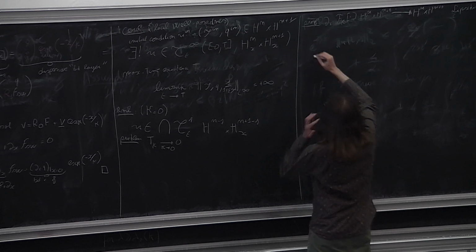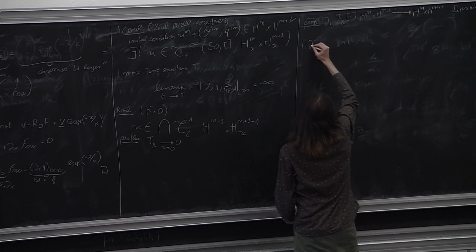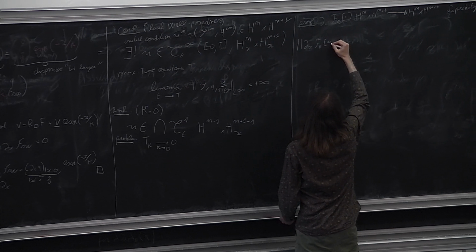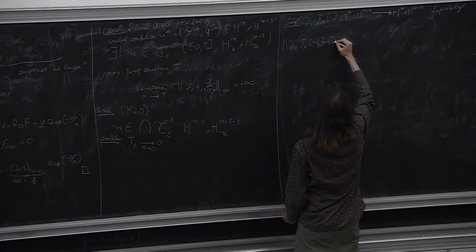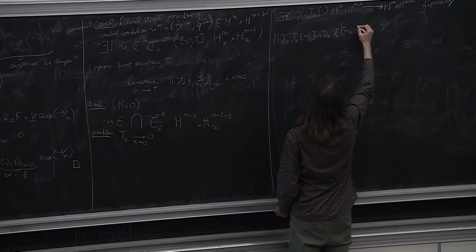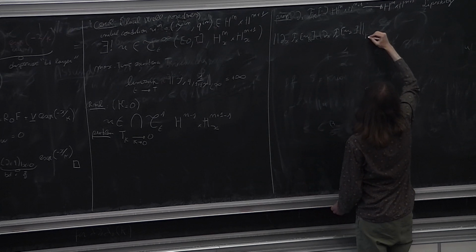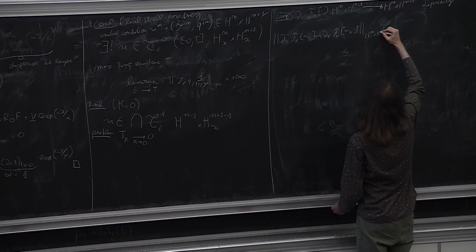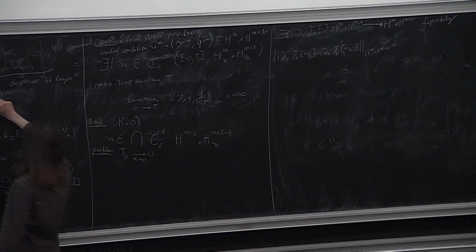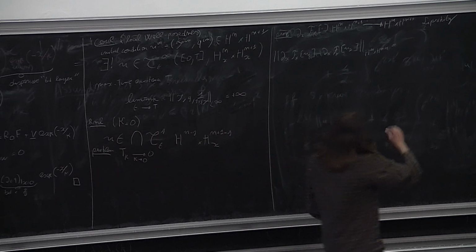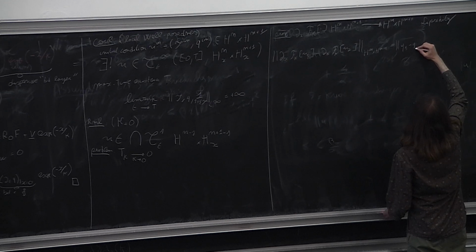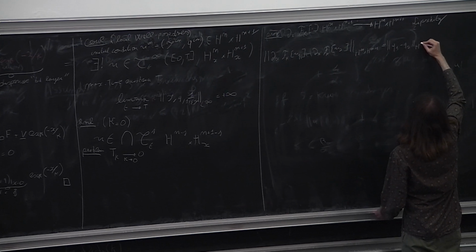I take U1 and U2. For the first one, it's Q1 minus Q2 in Hn.